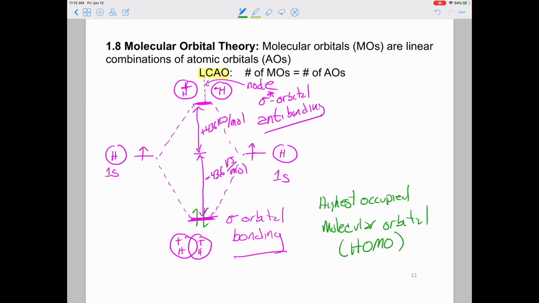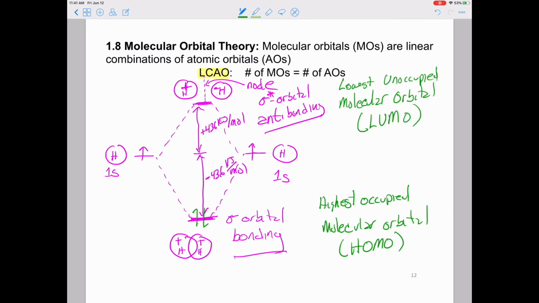And the sigma star, or the sigma antibonding orbital, is referred to as the lowest unoccupied molecular orbital, or the LUMO.